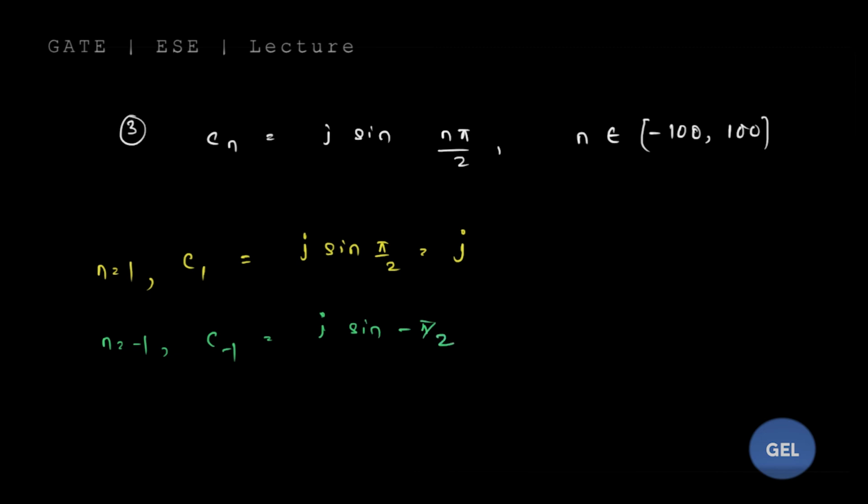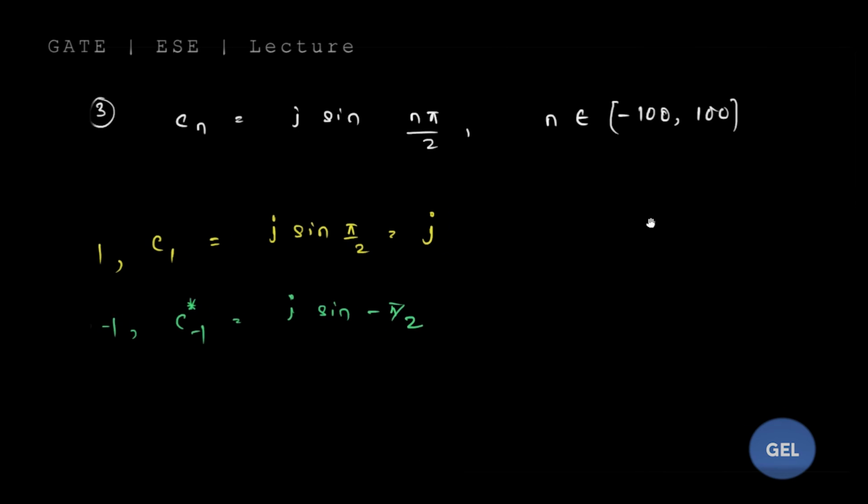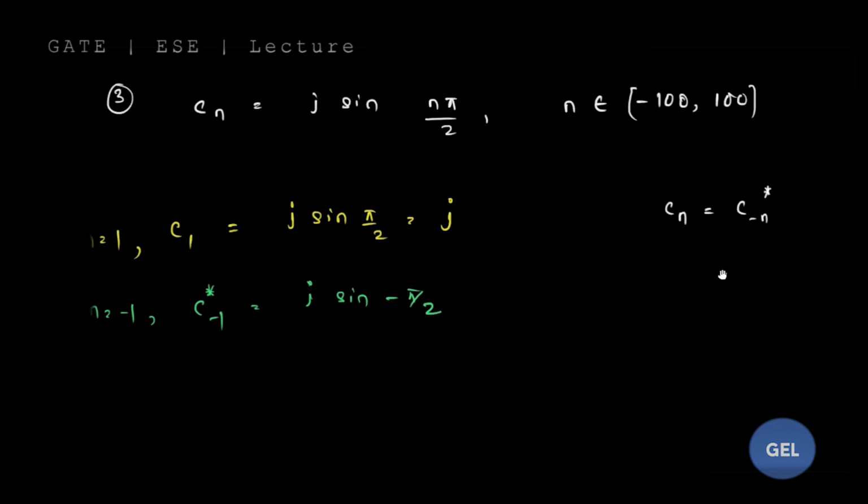I'm testing for the conjugate of c of minus 1. I need the condition c of n equals the conjugate of c of minus n to be satisfied in order to get real value.